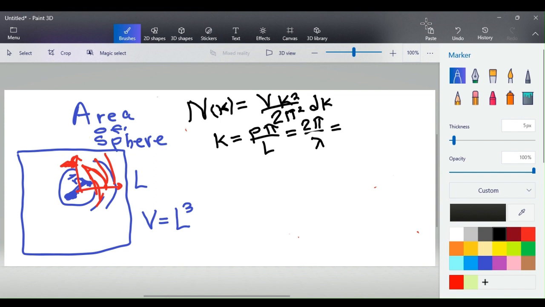Well, I'm going to pull a fast one here and say that lambda is the wavelength, and that is equal to the speed of light. Why the speed of light? Well, these waves are moving at the speed of light. And I'm going to put that over the frequency.